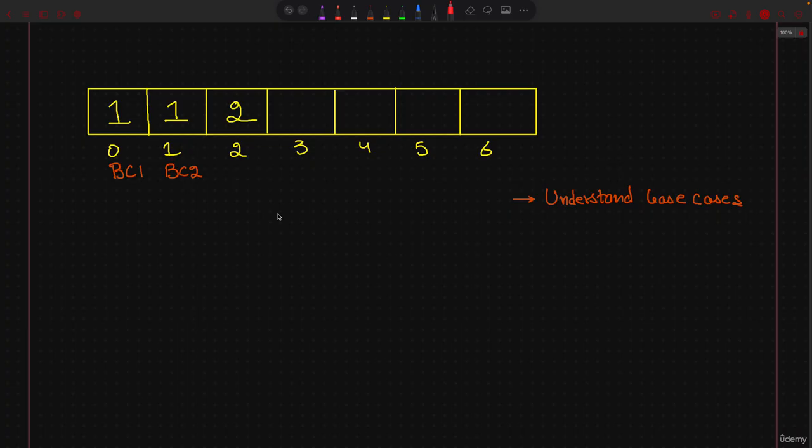Let me just write that down as well. dp of 0 plus dp of 1. dp of 2 plus dp of 1.